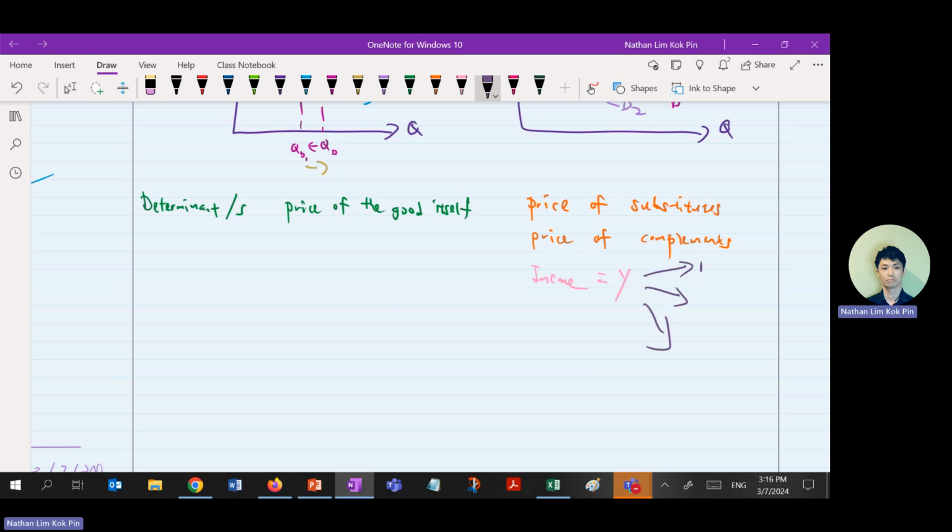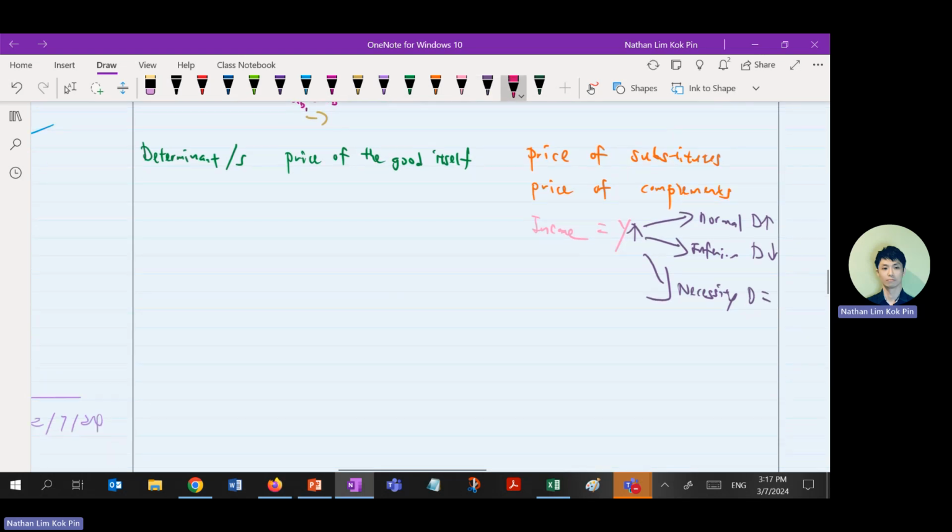It shows normal good, where income increase, the demand will increase. Inferior good, income increase, demand decrease. And the last one, necessity, where income increase, demand remain constant.